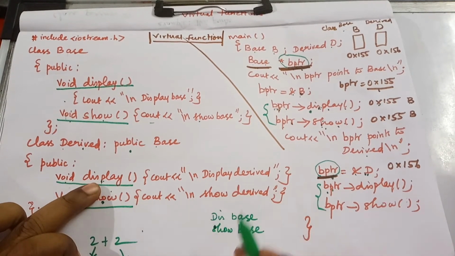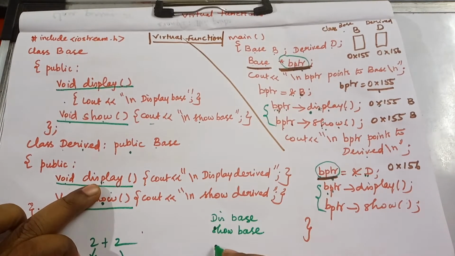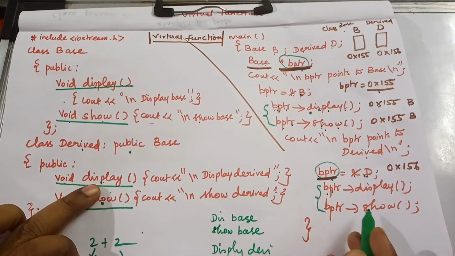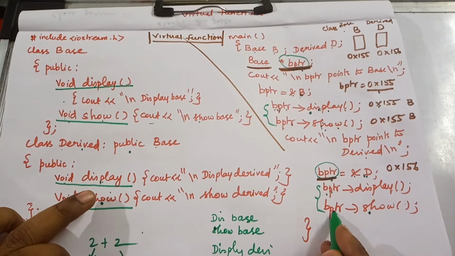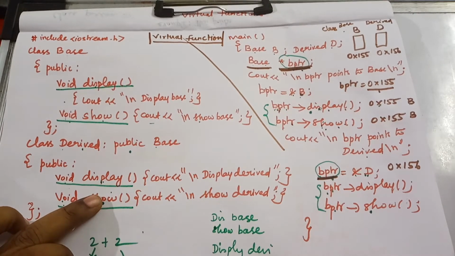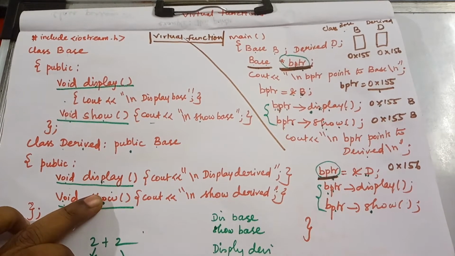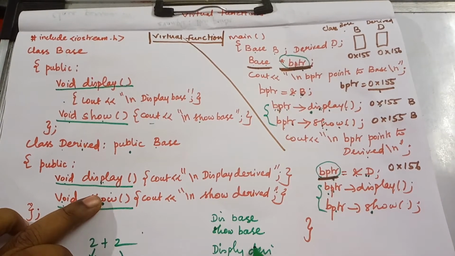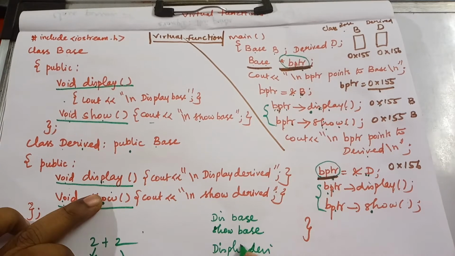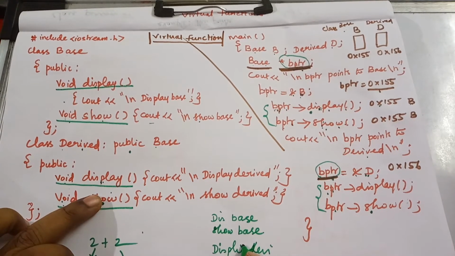Void display, so display derived, and here this is calling again for the derived class object. So show derived, right? But it will not happen. It will not call the member function from the derived class.